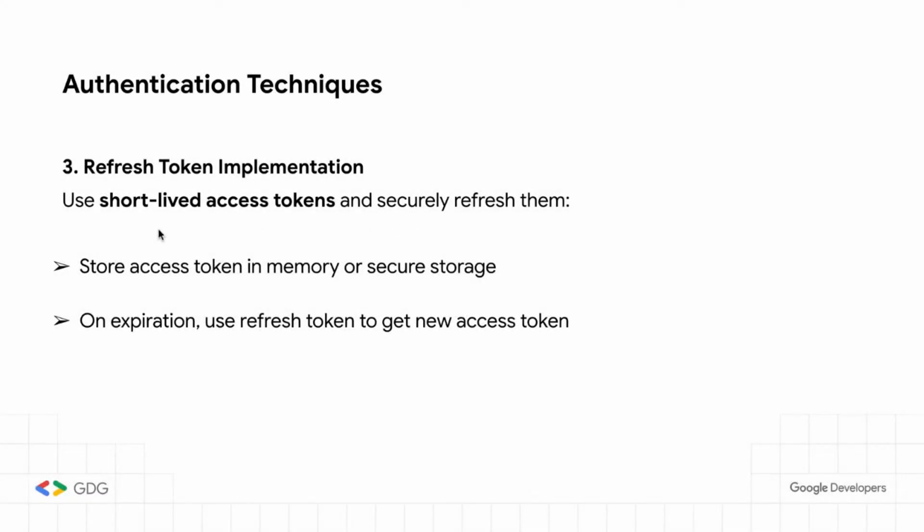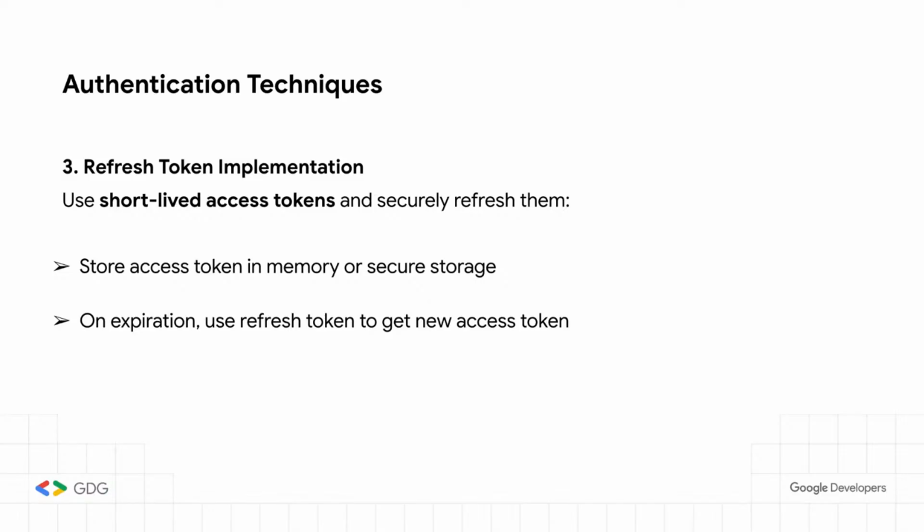The third type of technique is the refresh token implementation. Short-lived access tokens need to be refreshed periodically and securely. The only way to do it is using the refresh tokens. And obviously, the access tokens in the memory will be stored in secure storage.